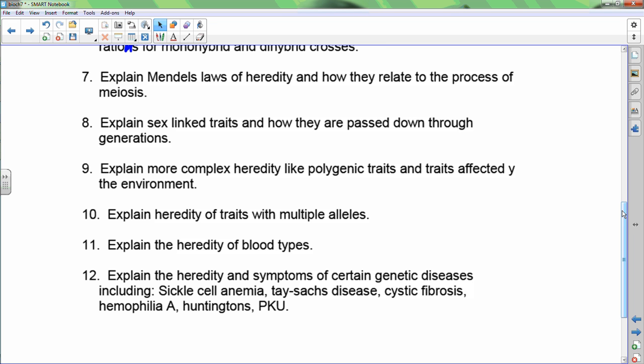Remember, in one of his laws also was that there are different traits, and that one trait could be dominant to another. Now, you know that's not always true, but in Mendel's world, that's what it was, because all the traits that he looked at were simple dominant recessive. So he said each trait has two different kinds that you could have.